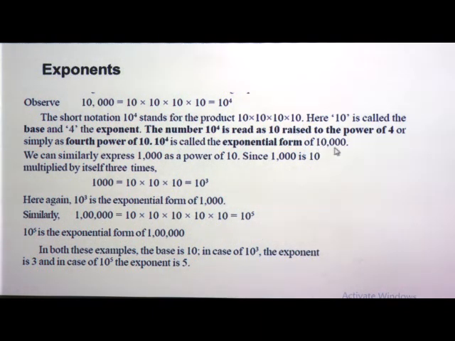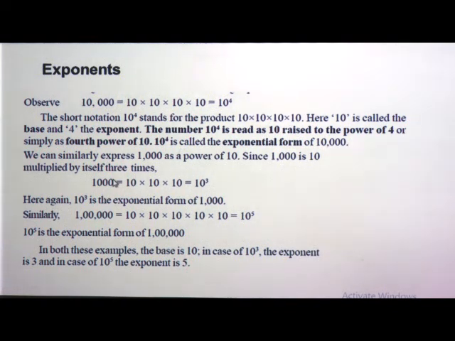of 10,000. We can similarly express 1000 as a power of 10, since 1000 is 10 multiplied by itself 3 times. Here we had 10,000, and we are considering another example as 1000.